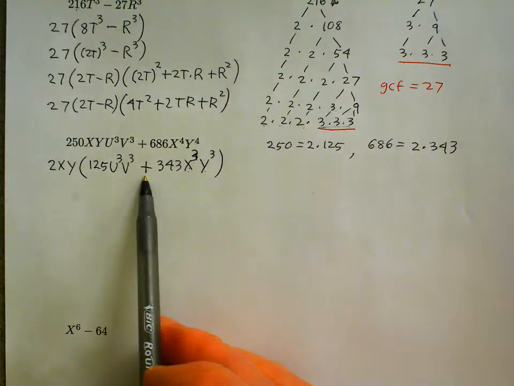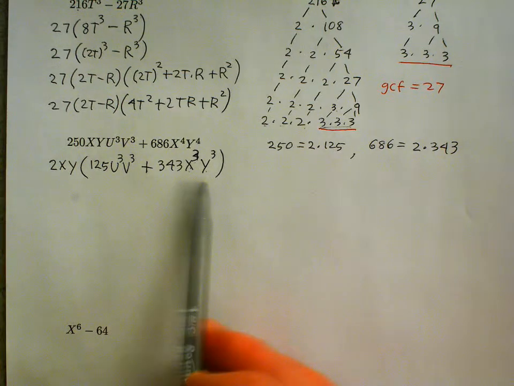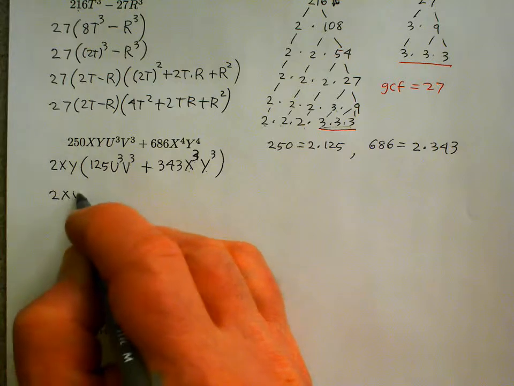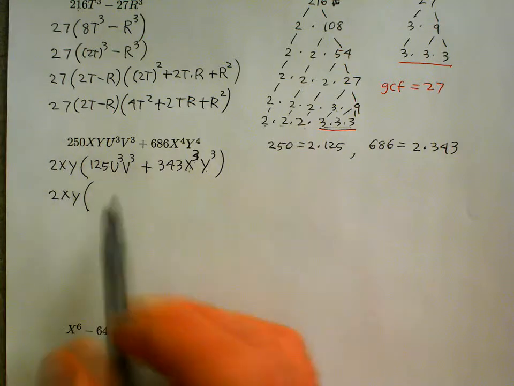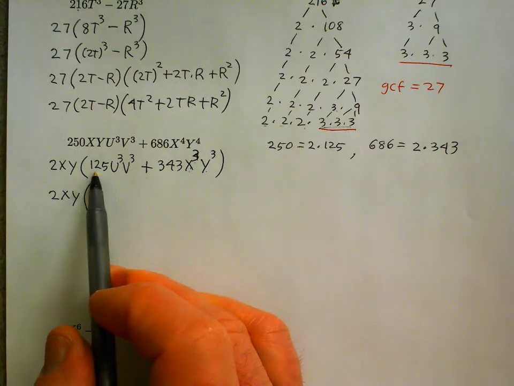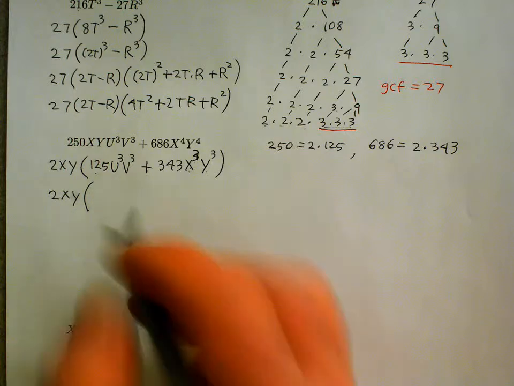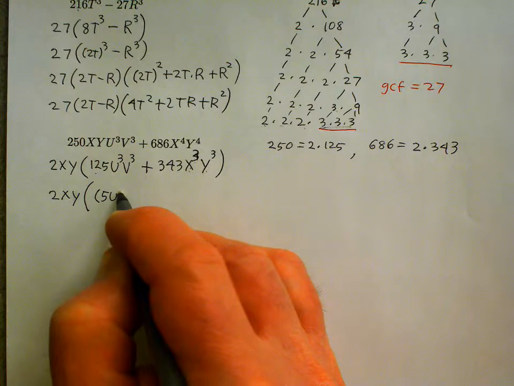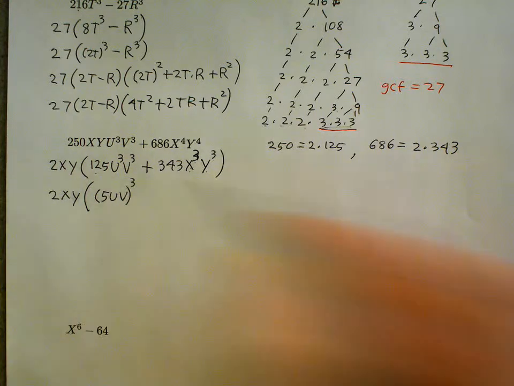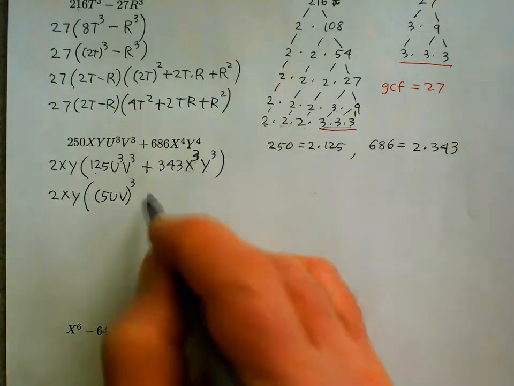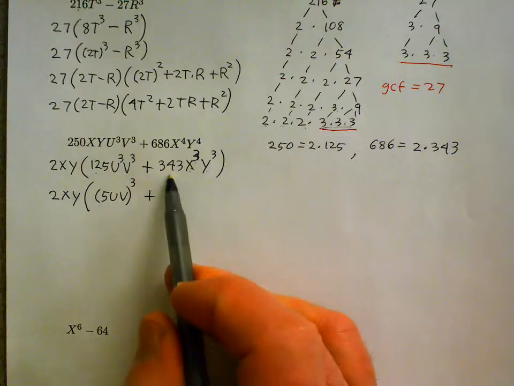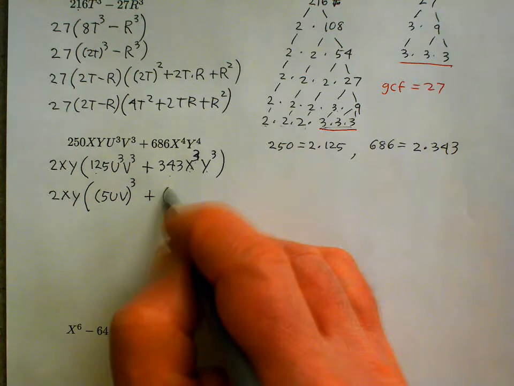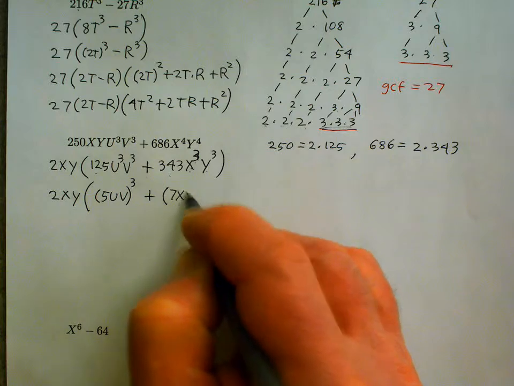So inside the parentheses, we have a sum of cubes. So I'll replace 125 u to the third, v to the third with the term 5uv all to the third. And I'll replace 343x to the third y to the third with the term 7xy to the third.